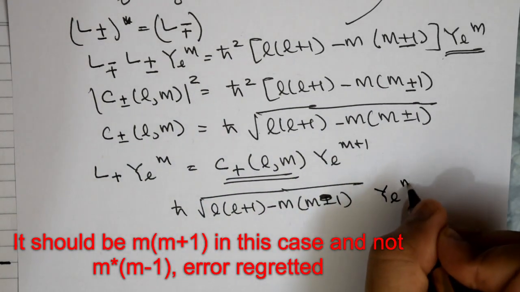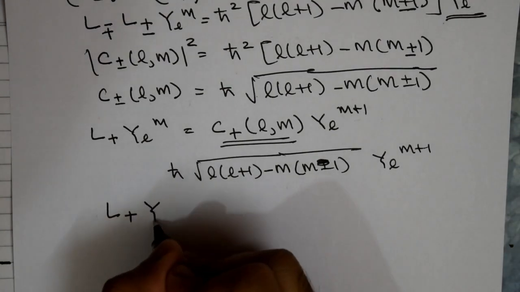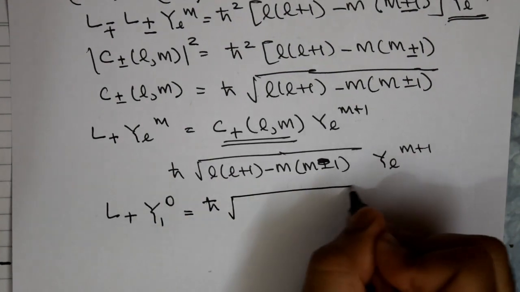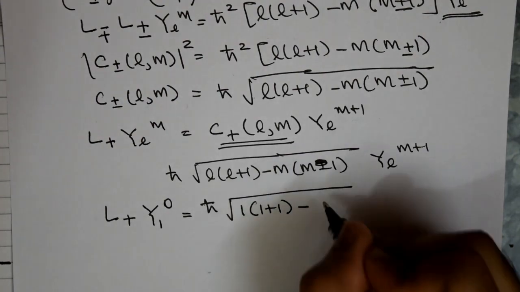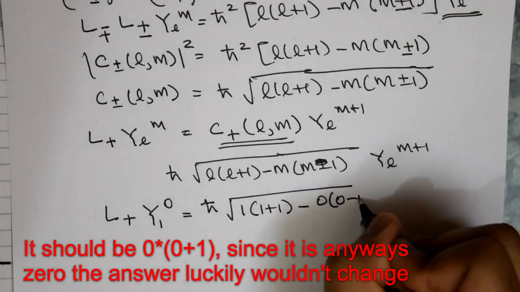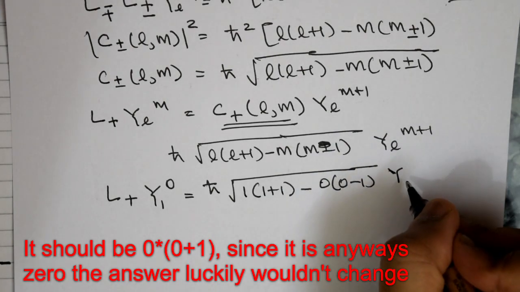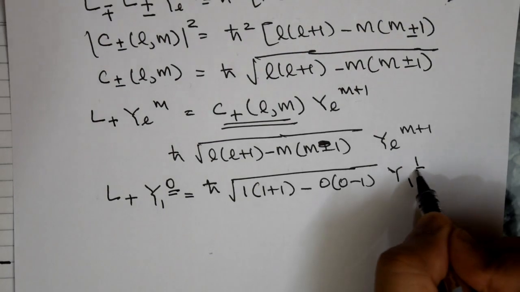So let's take an example. We wanted to ask what is Y10, isn't it? That will be equal to h cross square root value of L is 1, 1 into 1 plus 1 minus value of M is 0, 0 into 0 minus 1, Y1 1, because M value will be incremented by 1 while L value remains same.